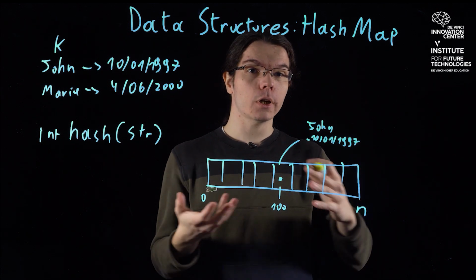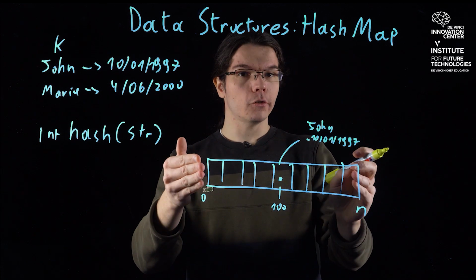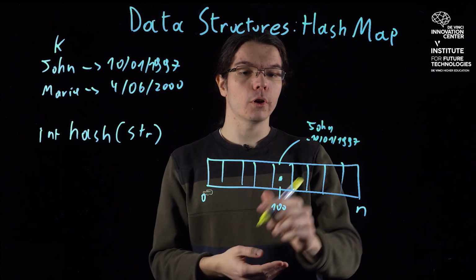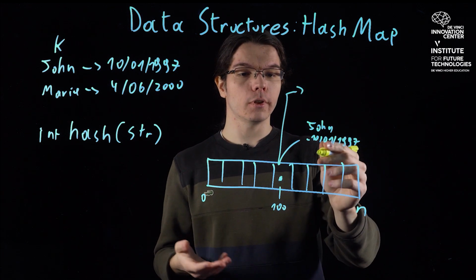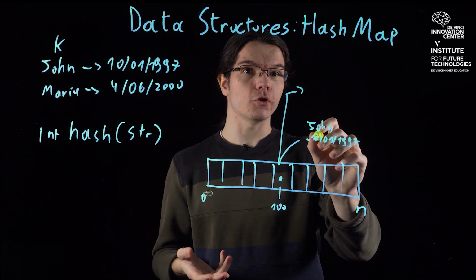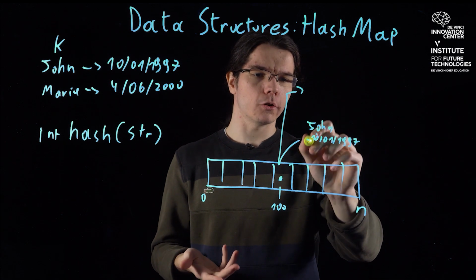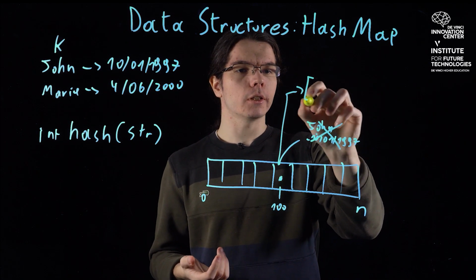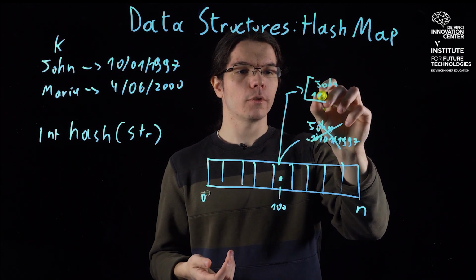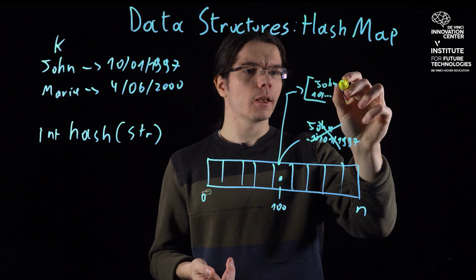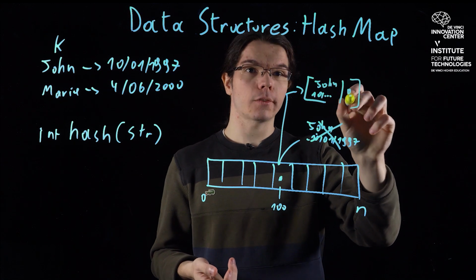So what I'm actually going to do is, this array is going to contain a pointer to a linked list of elements. The first linked list element is going to be John. So it's not going to point directly to John, it's going to be a linked list. So I'm going to have John, the key, his date of birth, the value, and then a pointer to the next element.